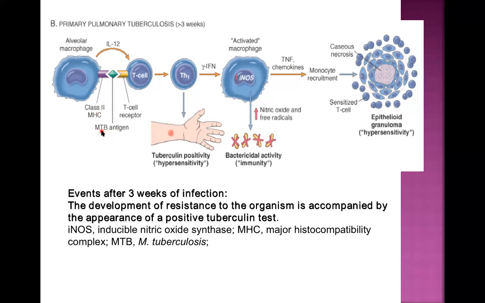See there, this is the Mycobacterium tubercular antigen, the small green piece. MHC class 2, major histocompatibility complex. Because this is an antigen presenting cell, it is presenting antigen to the T cell.